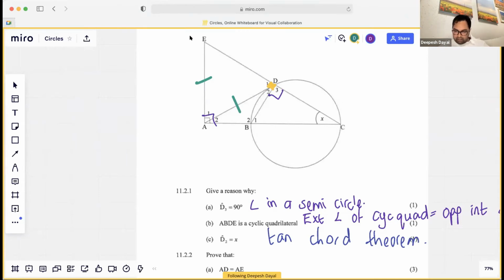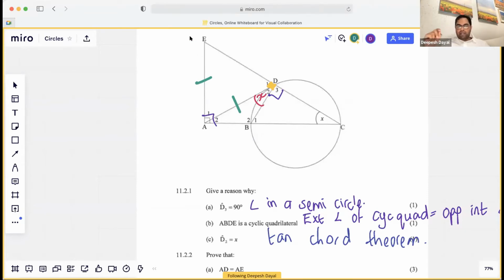Does everybody agree with that? You can just shout out yes. Why is it? Because D3 is 90, so D1 plus D2 is obviously going to be 90 as well. Yes, thank you, Ntando, angle on straight line.